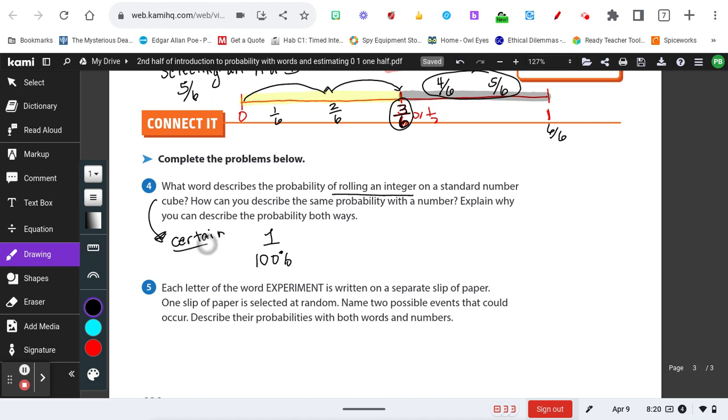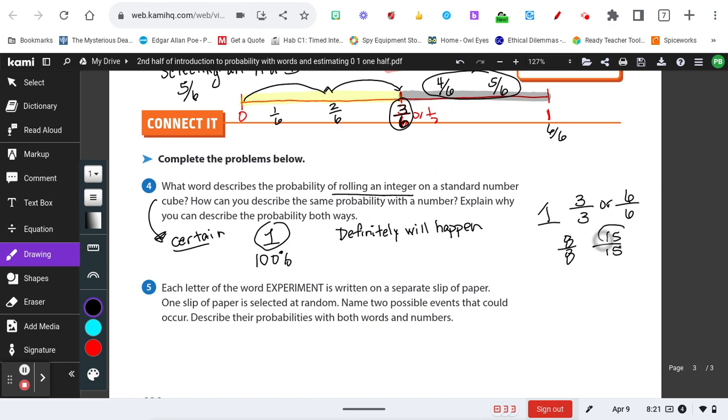Why can't you describe it as certain and the number 1? Certain means it definitely will happen. And if you get the number 1, that means you got all of them out of the total, like 3 out of 3, or 6 out of 6, or 8 out of 8, or 15 out of 15.